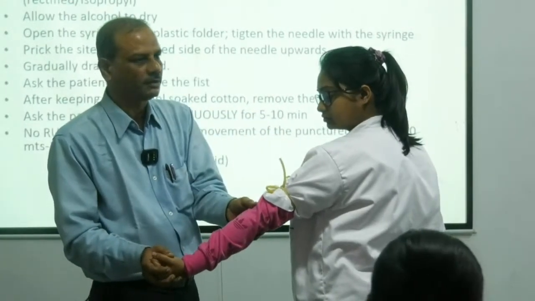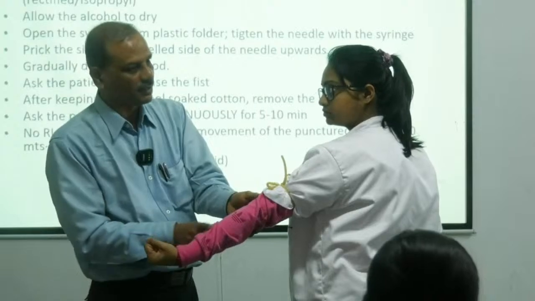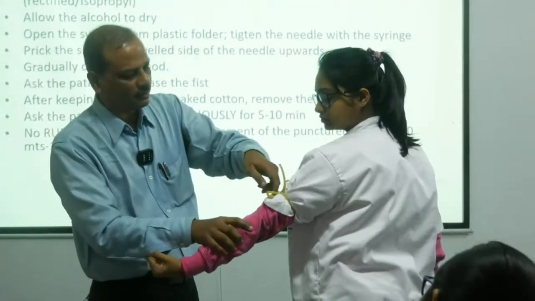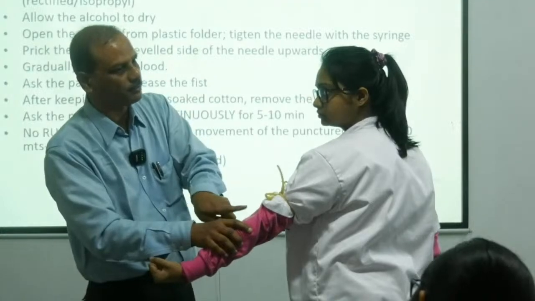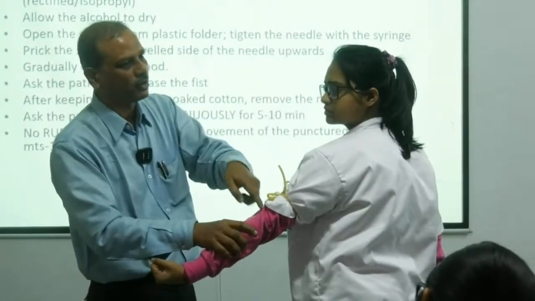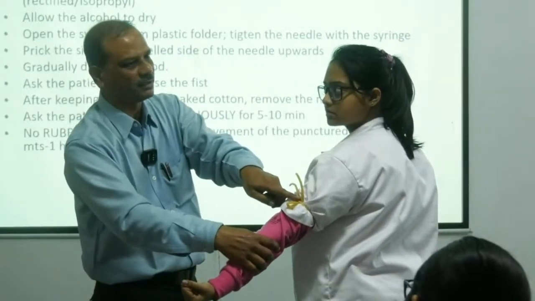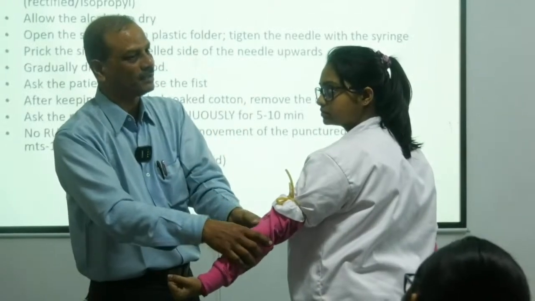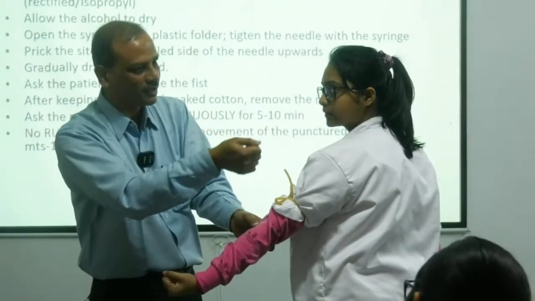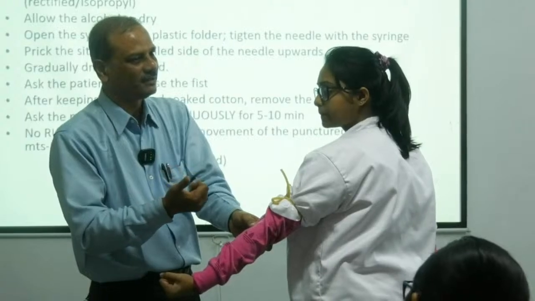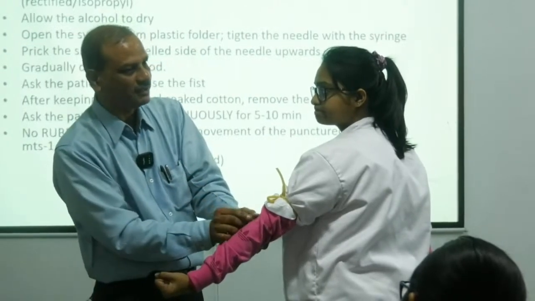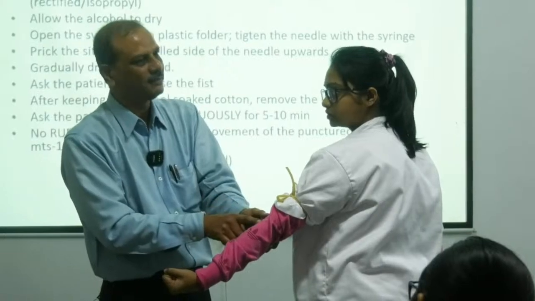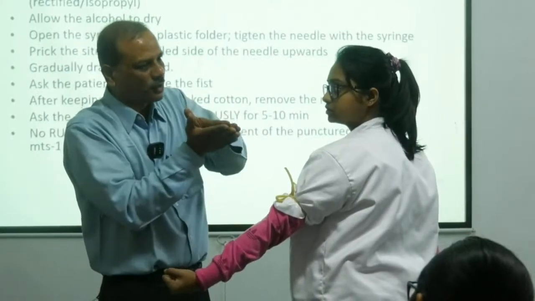Tightening will cause greater venous return from this part, and the vein which is draining from the periphery to the heart will also be blocked because you have applied a tourniquet, on top of which the fist allows you to tighten it. So veins will become prominent, that is your purpose, and from that you will get the blood very easily. We are trying to inflate that vein which is present here. Normally it is not visible, even if it is visible, it will remain in a collapsed condition.